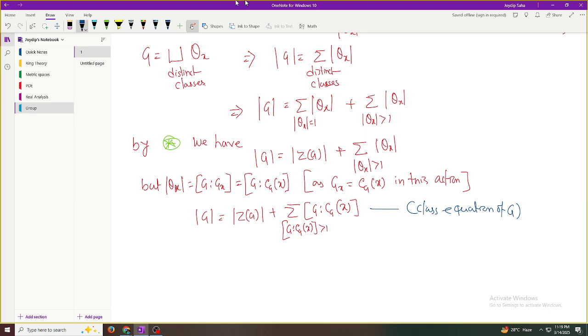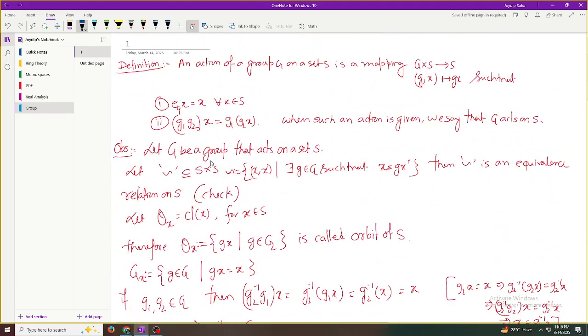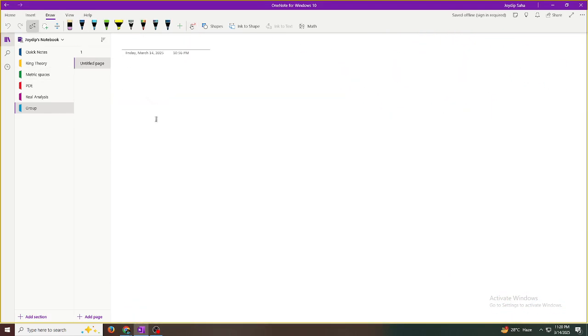Another observation is, I should write on another page. In another page 2.